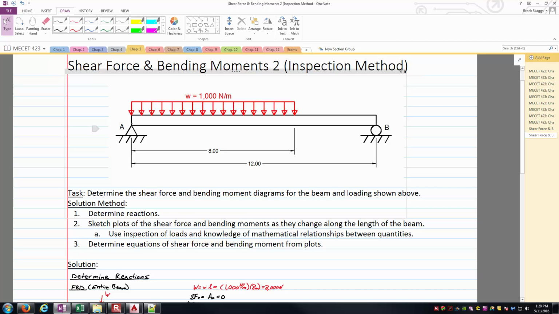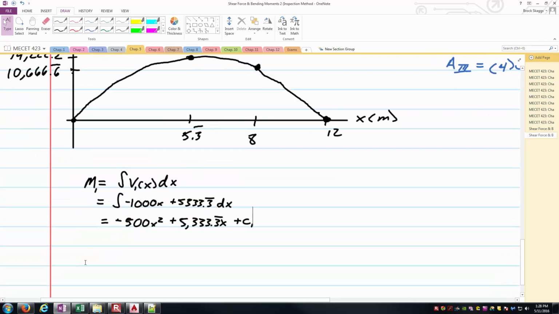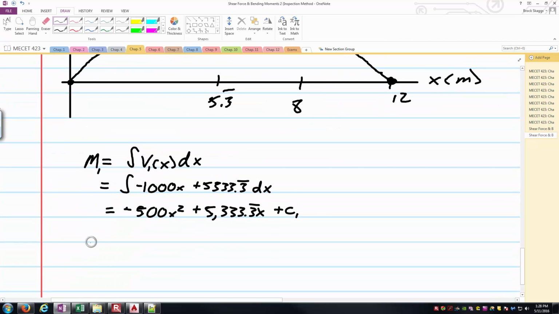The pin joint can't hold a moment, so I know that the internal bending moment's got to go to 0 at x equals 0. And so here I can say, hey, my known point is that m1 at x equals 0 is equal to 0 there. And so I can use this relationship to solve for c1.